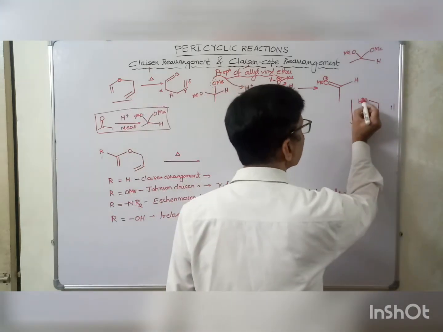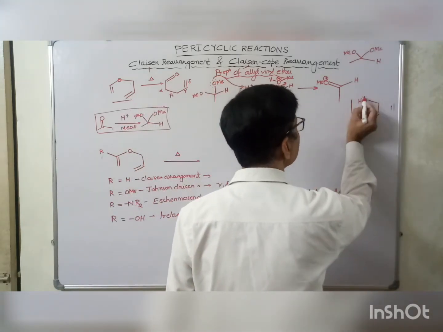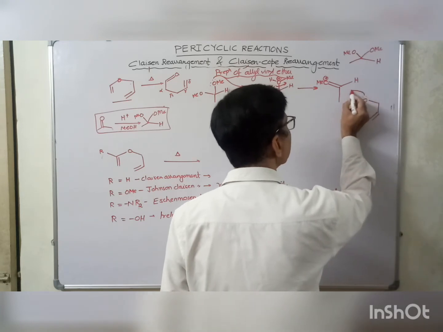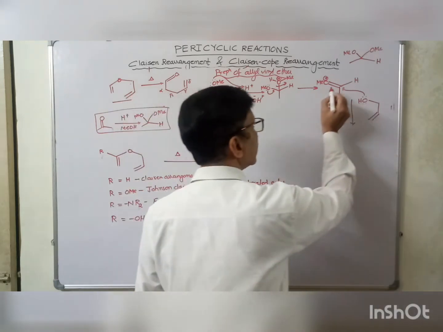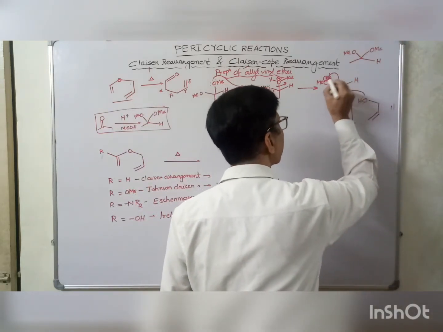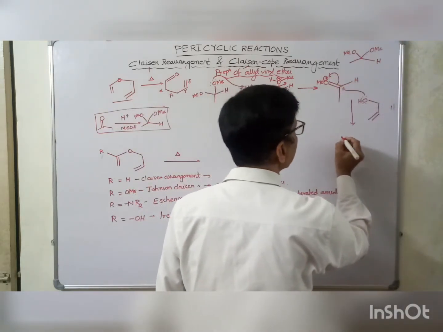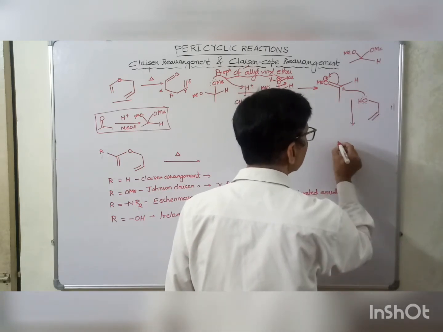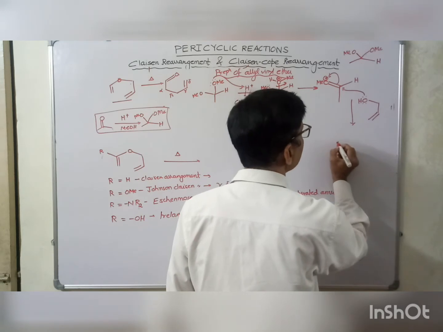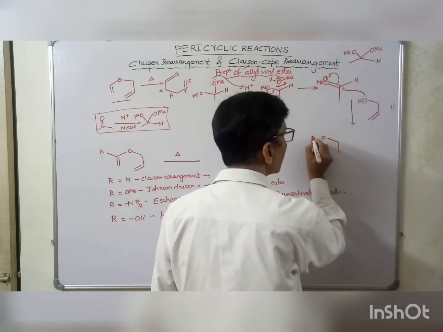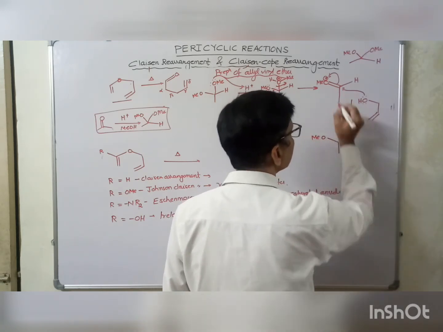Now this allyl alcohol will act as a nucleophile, and it will attack this electrophilic center. Now this pi bond will break and neutralize this positive charge, and finally you may see a bond is formed between this carbon and oxygen. Here you have the methoxy group.